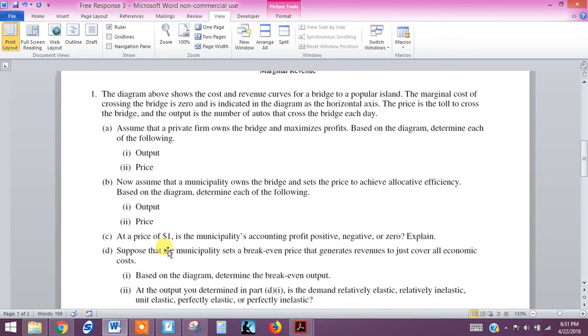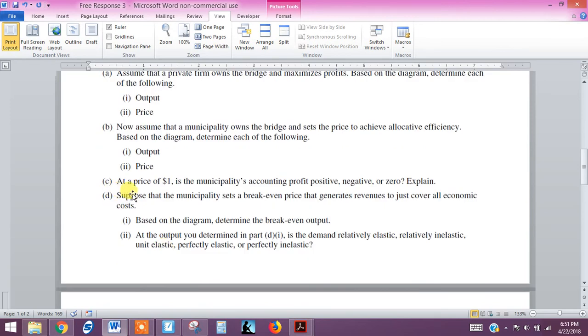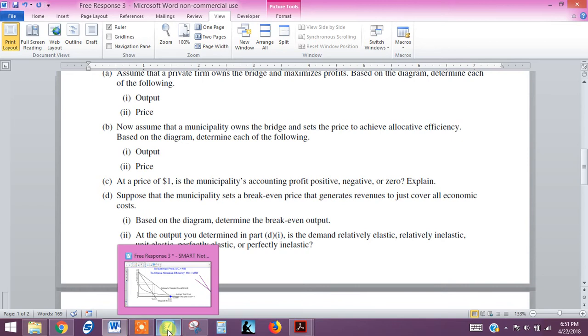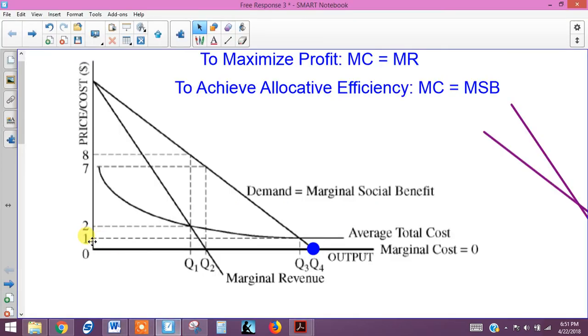All right, so now part C: at a price of $1, is the municipality's accounting profit positive, negative, or 0? Explain that. Okay, so if we go back to our graph and look at a price of $1, we would be sitting right here, where price is exactly equal to average total cost.